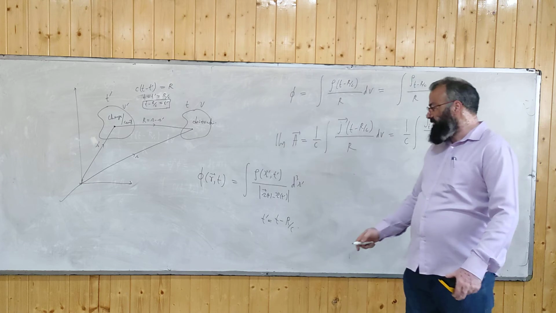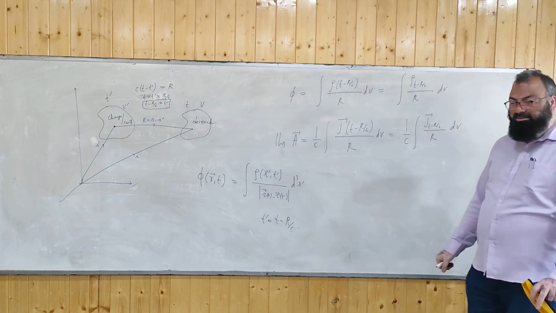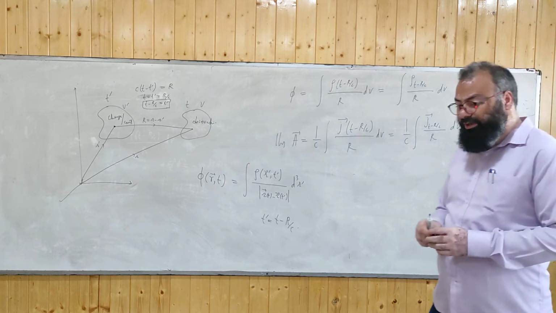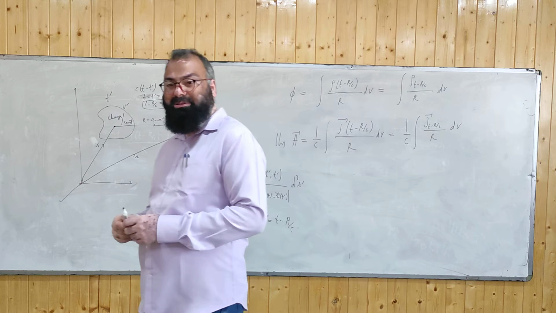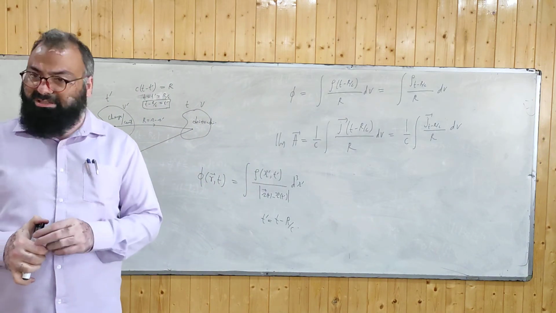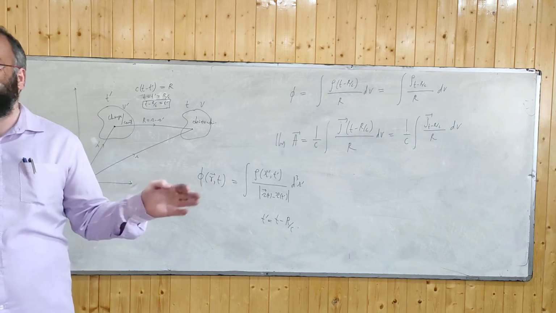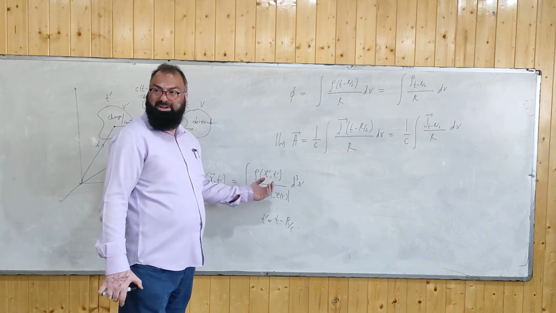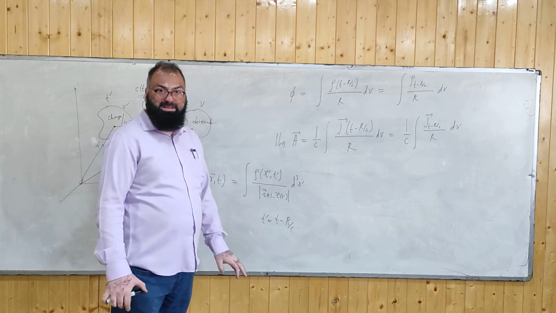Similarly for this E. So this is the general idea of how we arrive at the concept of retarded potentials. From this retarded potential you can calculate a retarded field, so you can simply calculate the electric field if in some region this charge density is given. These are very general formulas.